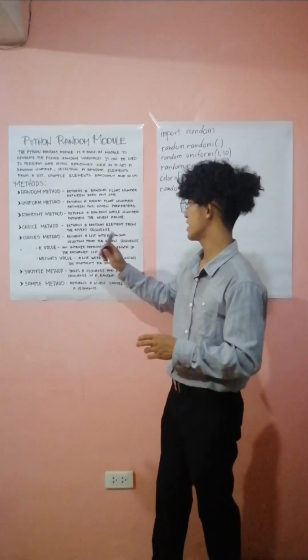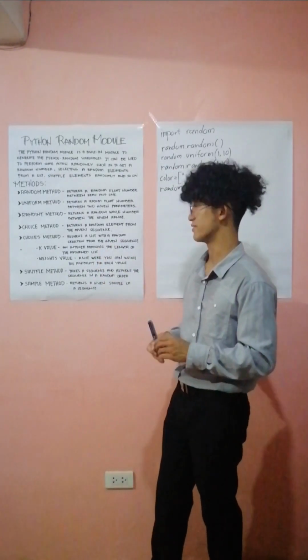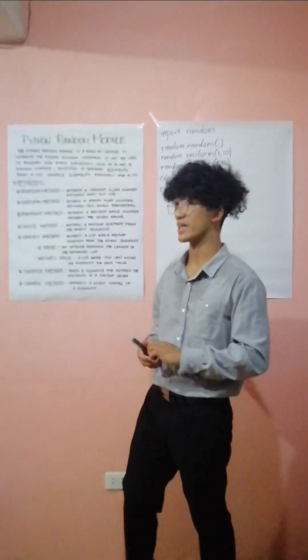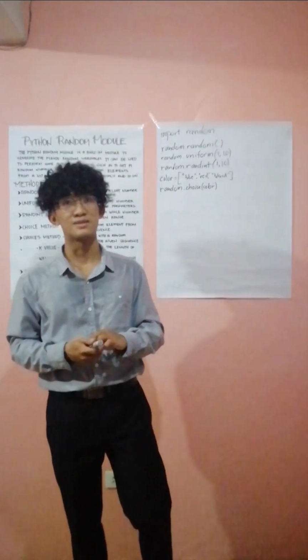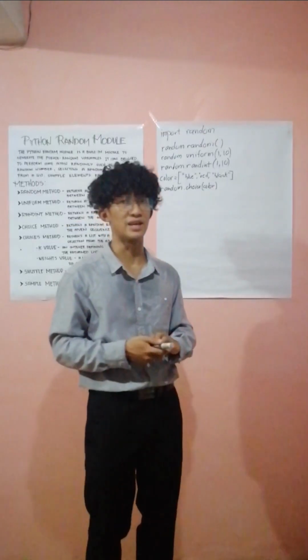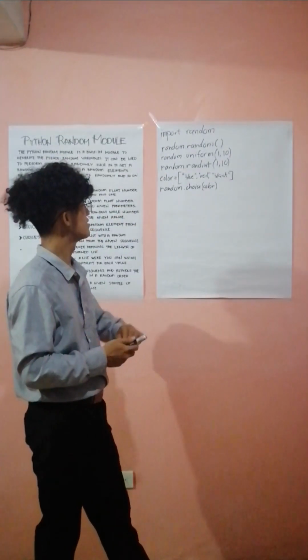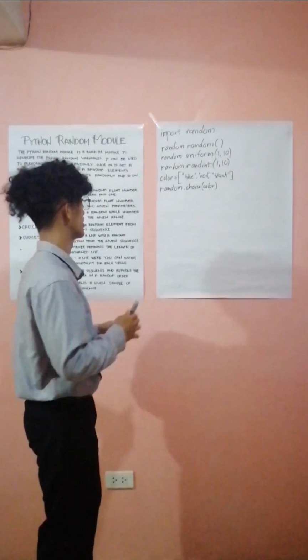So it returns a list with a random selection from the given sequence, which means we can get as many as we want from the list that we have.